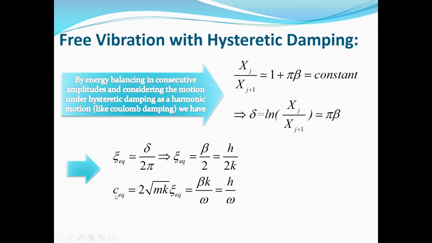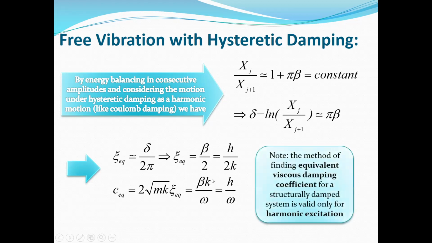And also we can find one equivalent viscous damping constant for the structure, which is equal to h divided by omega, or beta k divided by omega. So we can use this equation and the relation to find an equivalent viscous damping system for a system with hysteresis damping, and we can substitute and find the response for this type of system.